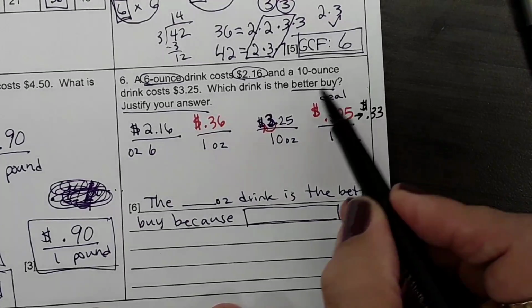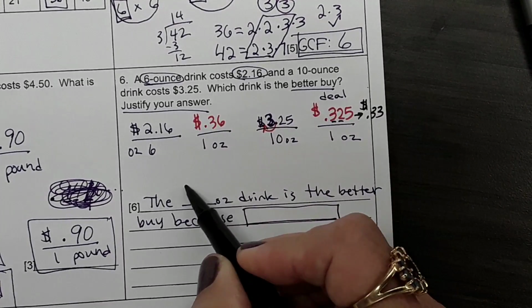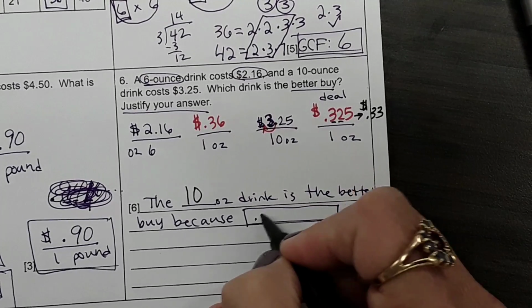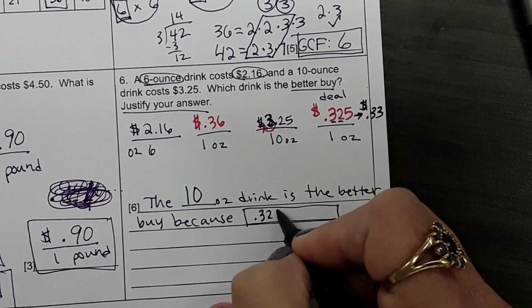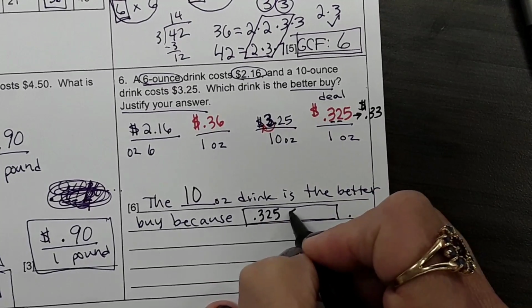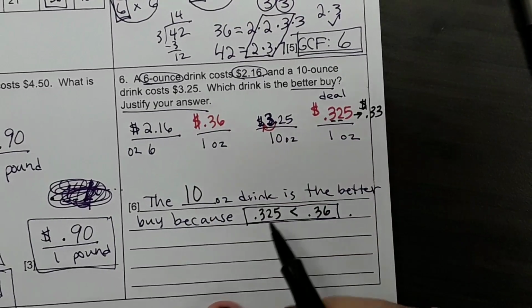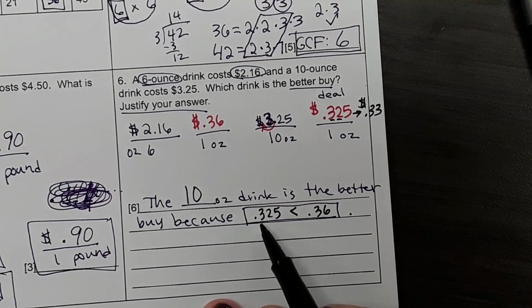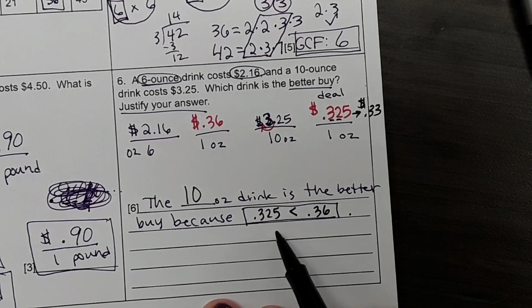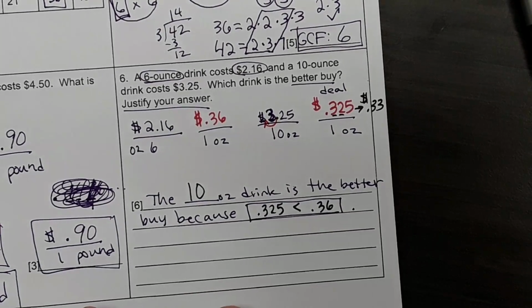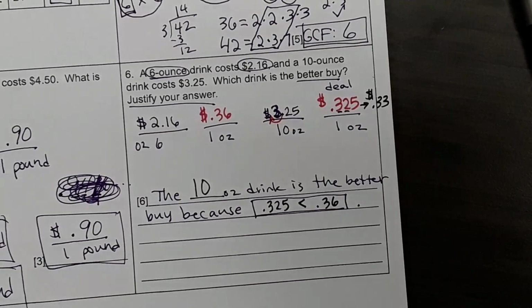So this is the best deal, the 10-ounce drink, because 0.325 is less than 0.36. That's one way to justify it. Even though it has more digits, this is 325 thousandths. This is 36 hundredths. What else, Miss Hellman?